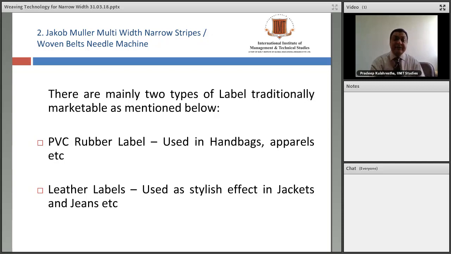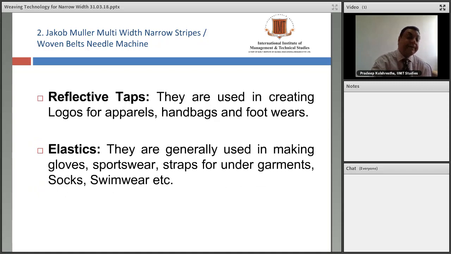There are mainly two types of labels traditionally marketable as mentioned below. PVC rubber labels are used in hand baggage, aprons, etc. Then leather labels are used for stylish effect in jackets and jeans, which is in demand in the present era.